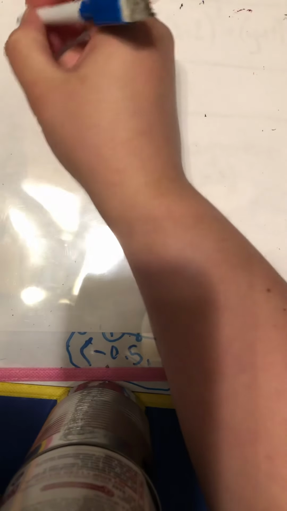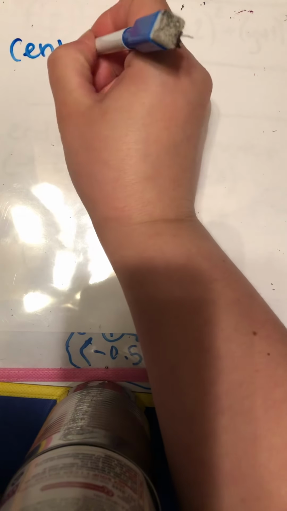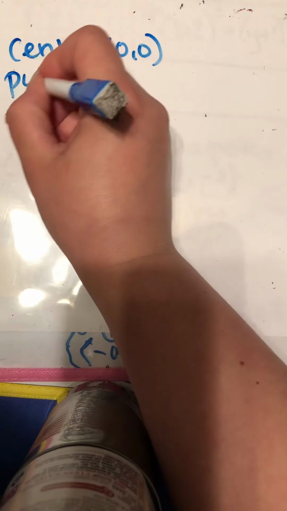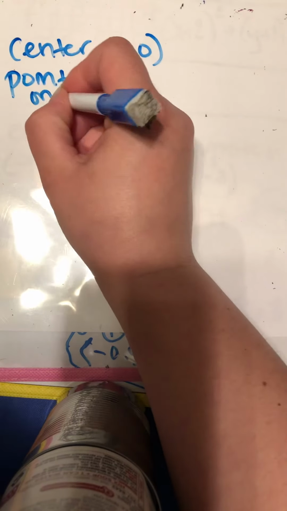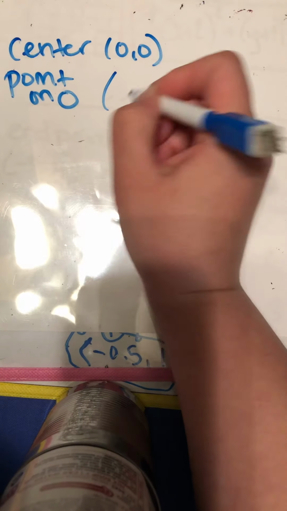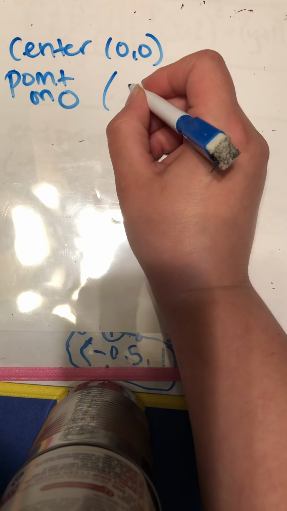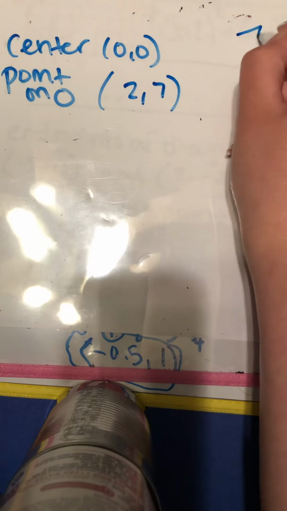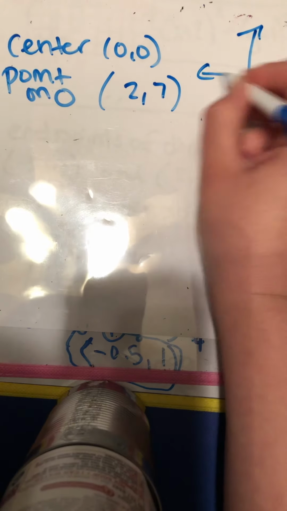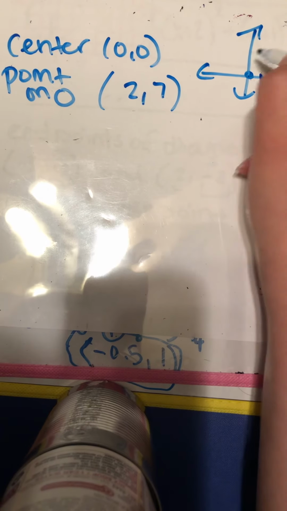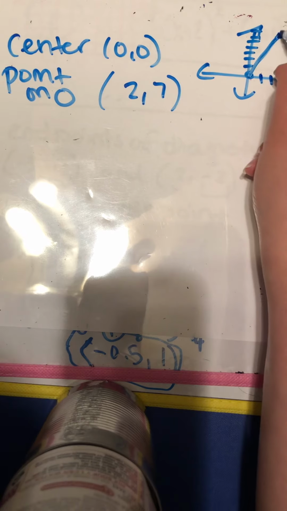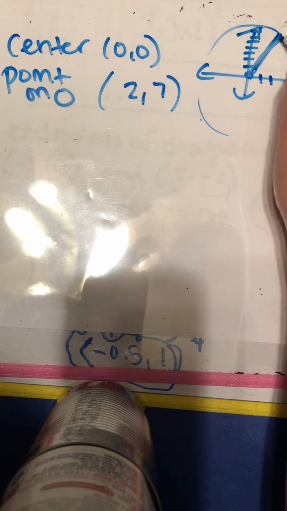They might tell you your center is at the origin, and a point on your circle is (2, 7). So if you had your chart, here's the origin, 1, 2, 1, 2, 3, 4, 5, 6, 7, way up here. There's your radius. We need to know the length of this.